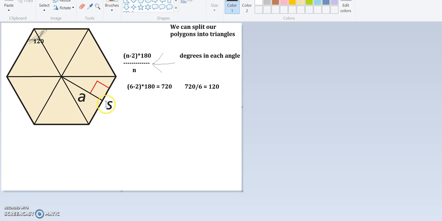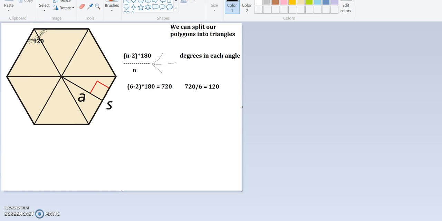But obviously, if I'm trying to find this apothem, I'm going to need the angles in this triangle specifically. Well, hey, we've cut all of these angles in half because this is a regular polygon and these are all congruent triangles.